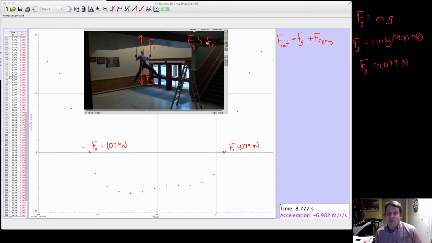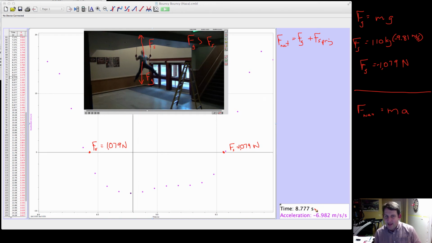But bigger than, we want to actually know what the numbers are, right? So right now we have one of the numbers. We have F sub g. And to find force of the spring, we need to know the net force, and we can figure that out from our acceleration. So let's draw a line here and say, okay, we know that our net force is equal to the mass of the object times its acceleration.